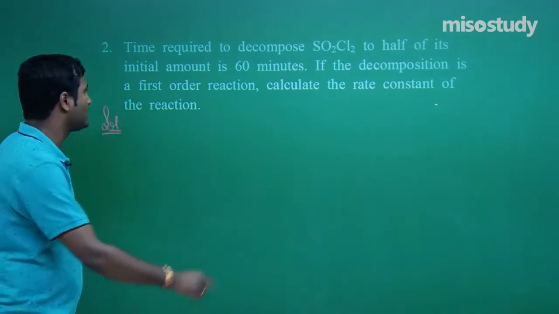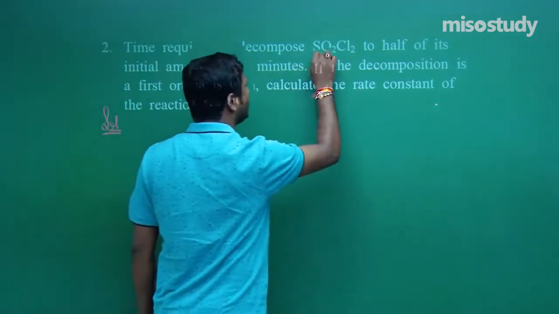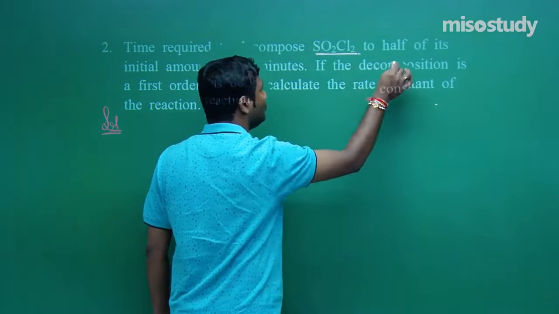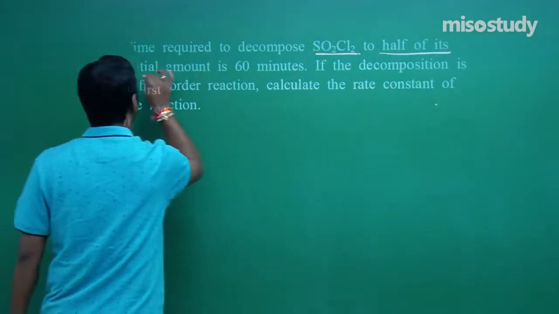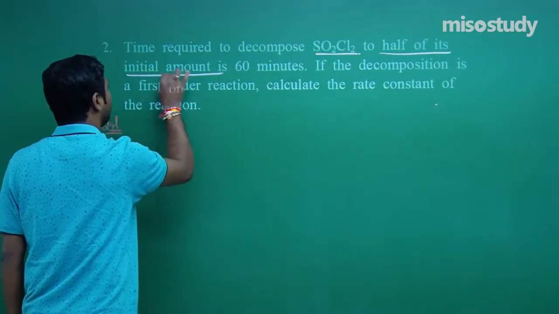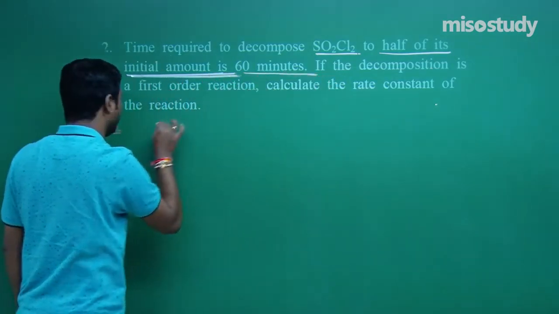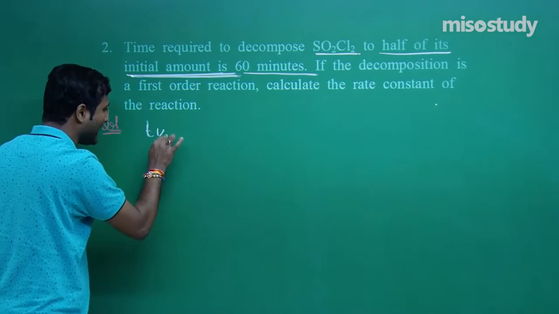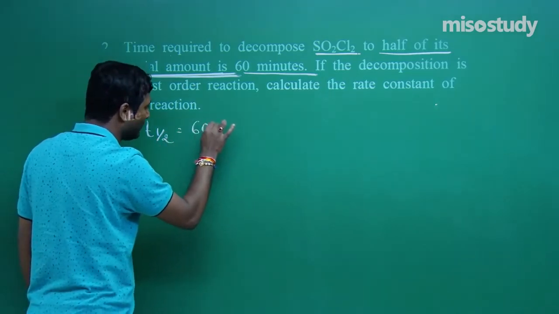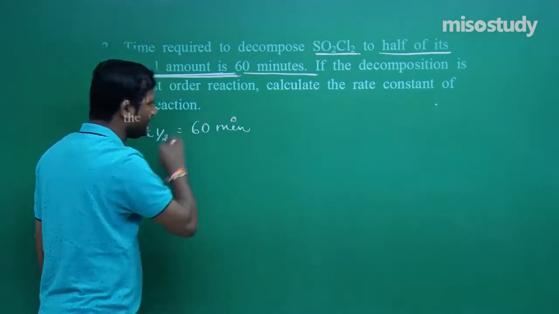Now listen carefully, what is given. Half means this 60 minutes is T half. T half is equal to 60 minutes.